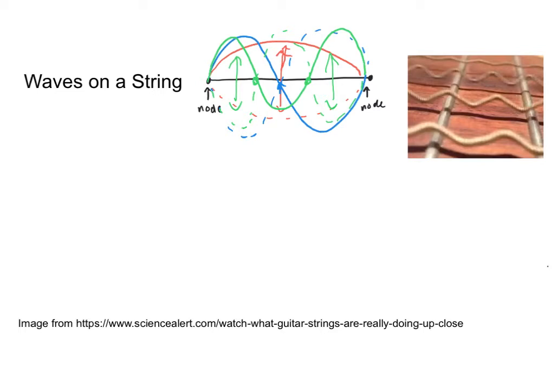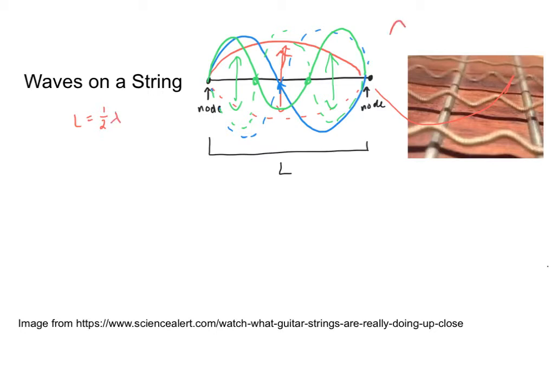So let's take a look at our red wave. Here, if I were to continue expanding out my wave so I had a full waveform, what I would get is that if I define the length of my string as L, my red wave, what we call my fundamental frequency, has a wavelength twice L. So L is equal to 1/2 of the wavelength of my red wave.